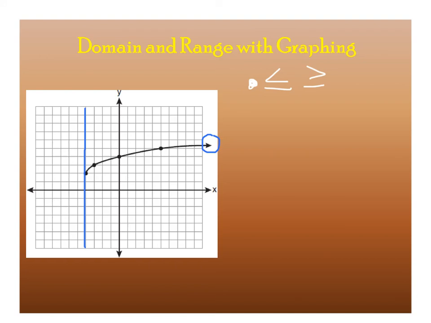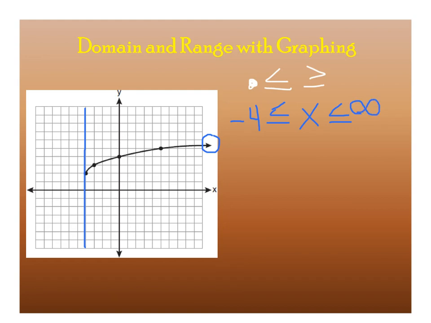Our lowest extreme is at -4. And it's a filled in circle, so we know it's going to be less than or equal to. And that's our x because we're doing our domain. And then it's going to be less than or equal to, since it goes on forever, what's it going to be? It's going to be infinity.